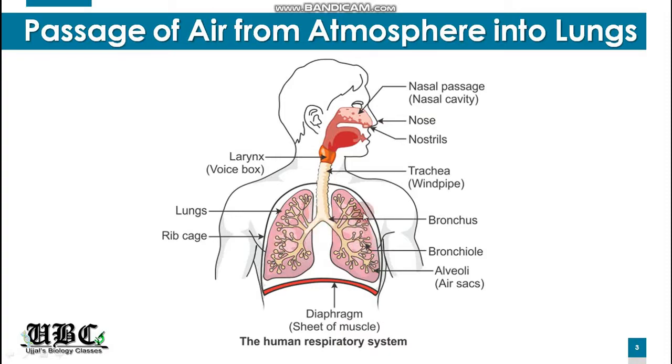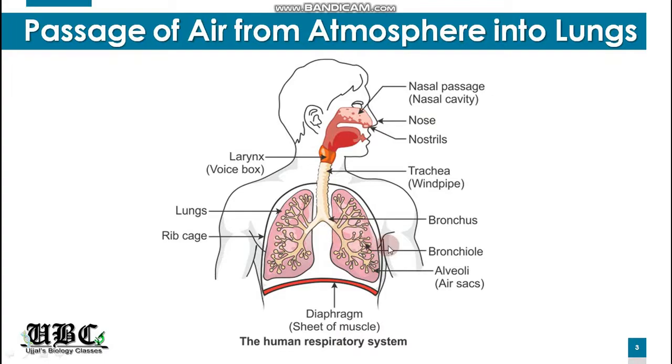The lungs lie in the chest cavity, which is also termed the thoracic cavity. As I have said, this thoracic cavity is separated from the abdominal cavity by a muscular partition, which is also known as the diaphragm.